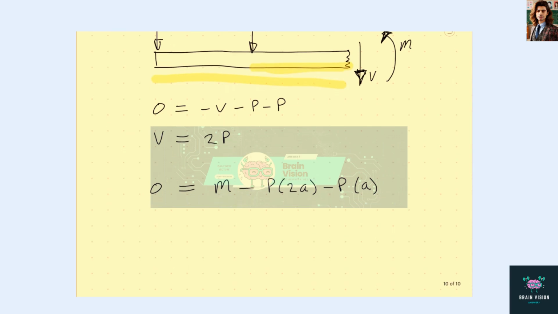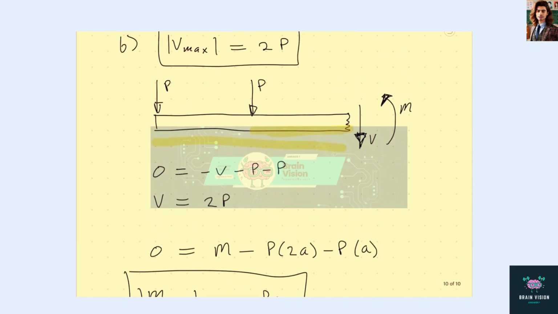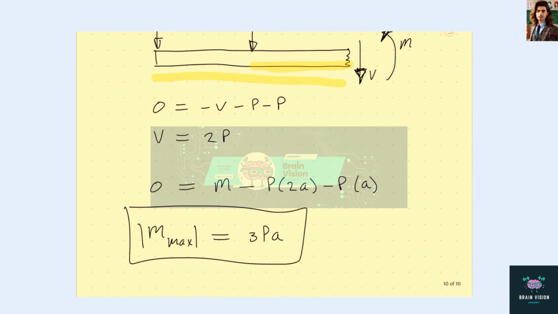And then when you go ahead and solve this, we're going to get our maximum moment is going to be equal to 3PA. And that's our answer. So our Vmax is 2P and our Mmax is 3PA.